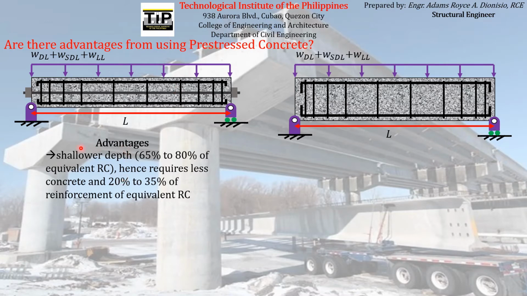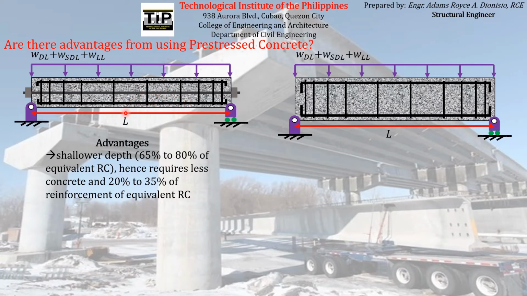So due to that advantage, since it has a shallower depth requirement compared to reinforced concrete, the tendency is it will require a lesser volume of concrete as well as a lesser number of reinforcement.